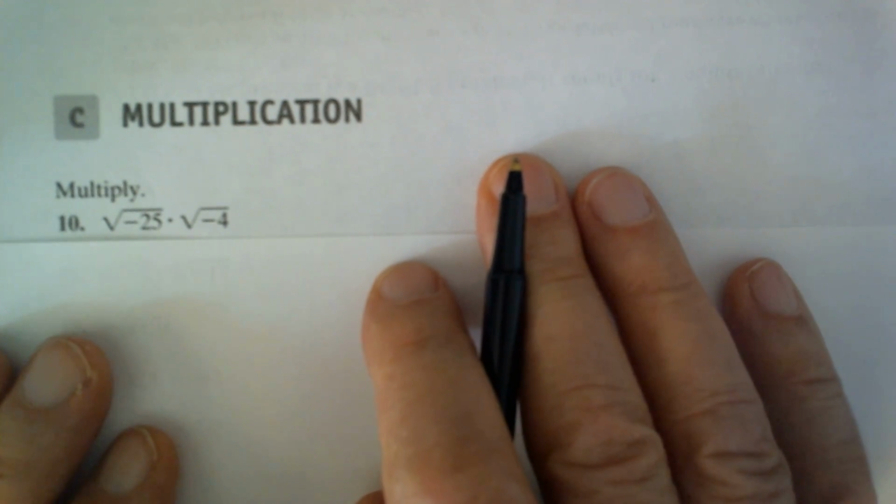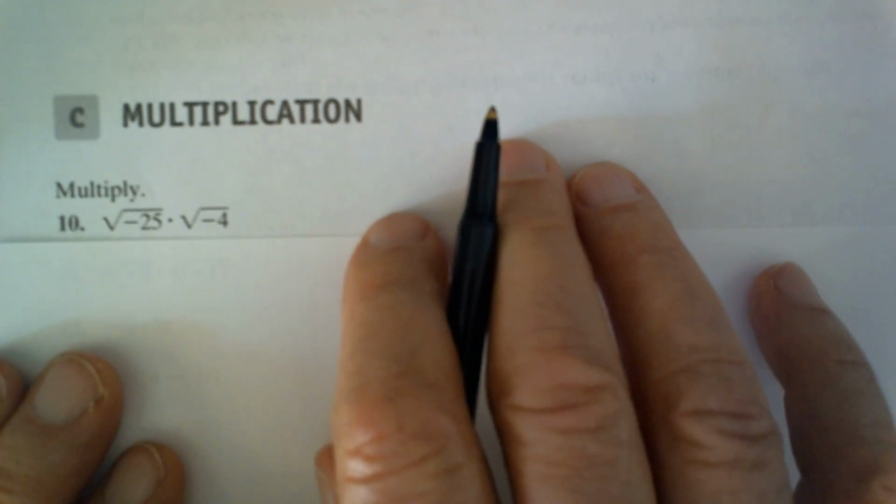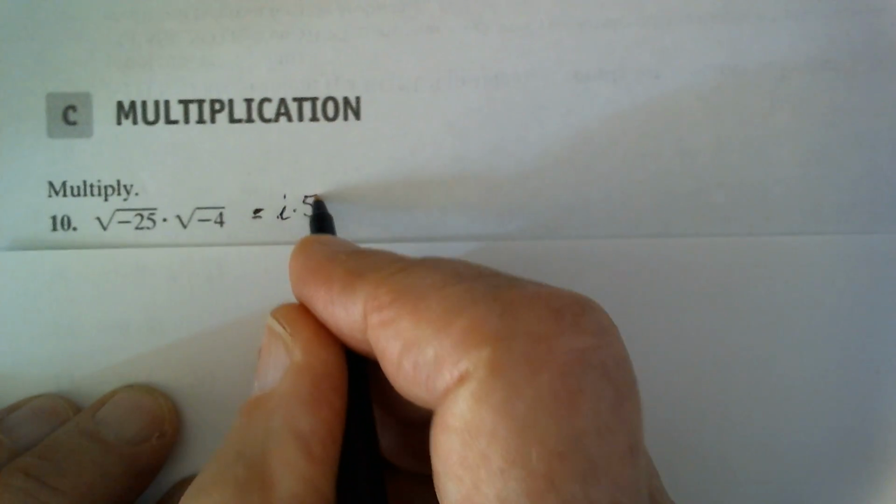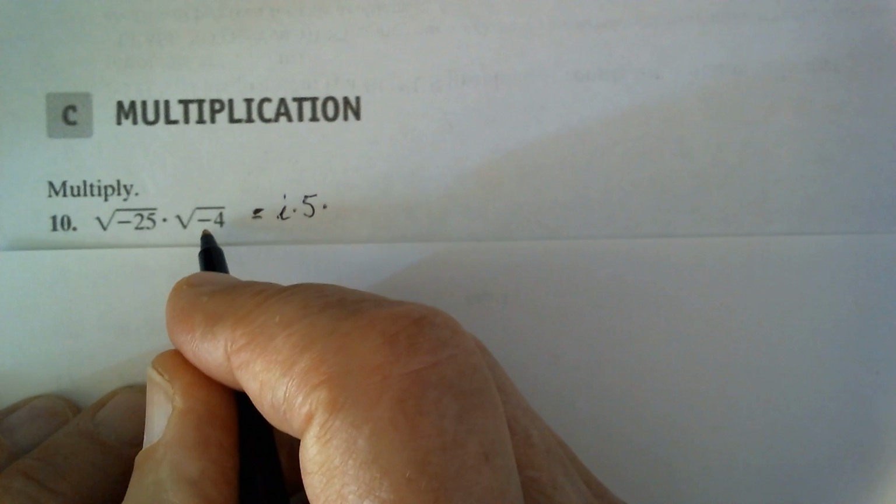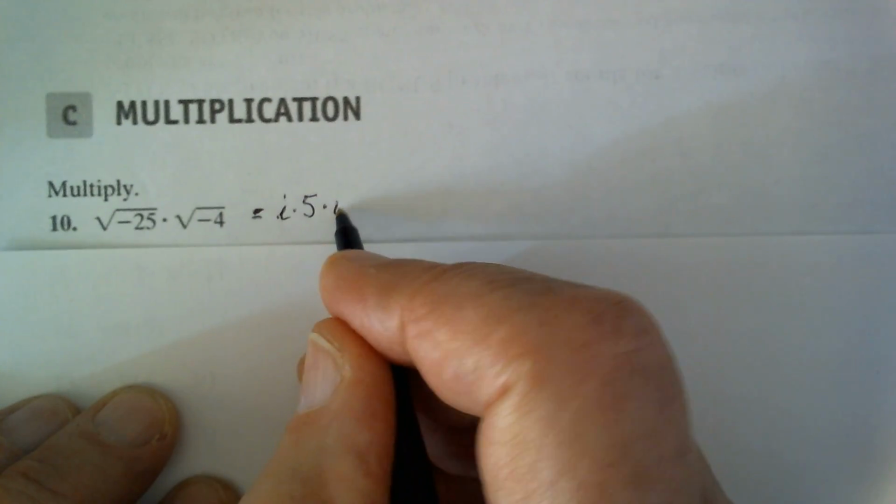Now, when we multiply complex numbers, it's a little bit different, and we need to treat each factor as a separate part. So we will write the square root of minus 25, which we know is equal to i times the square root of 25, or i times 5, or 5i, times i times the square root of 4, or 2i.